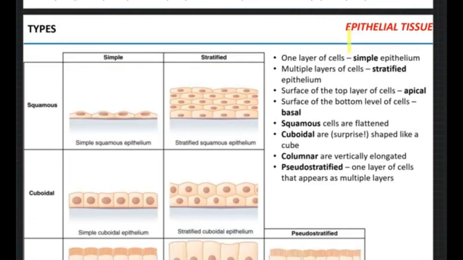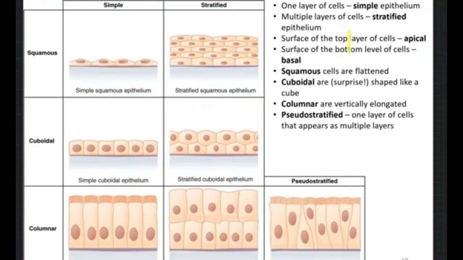So epithelial tissue is classified based on two main characteristics: the number of layers and the shape of the cells. When there is only one layer, we call such epithelium simple.